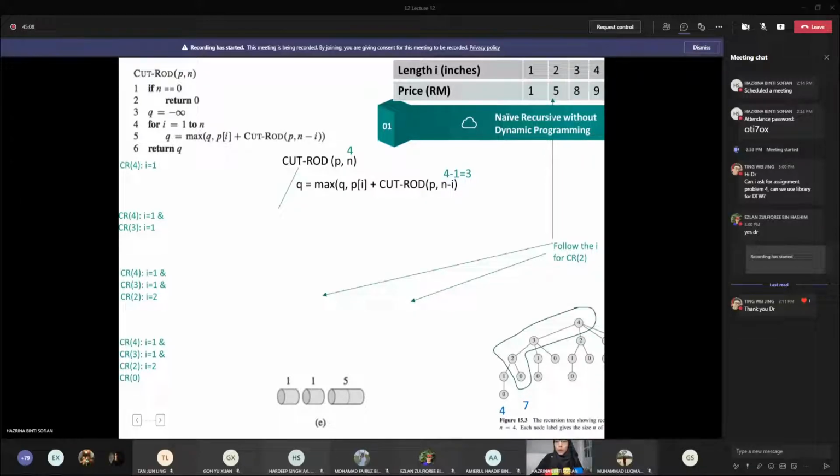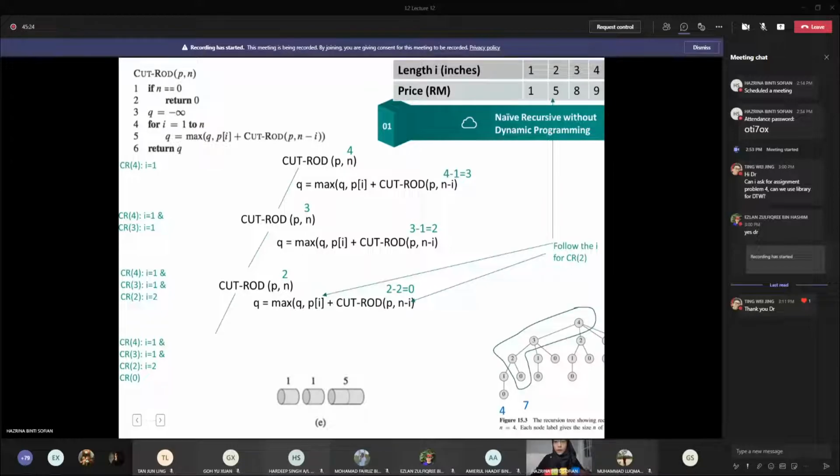So what we do is at first we have 4. Then we cut 1 inch, and after that we cut another 1 inch, and then I is equivalent to 2. So we have this 2 inches. We want to know how much.